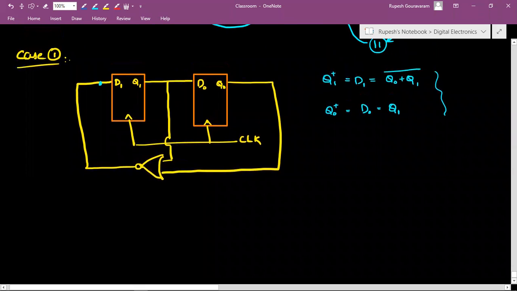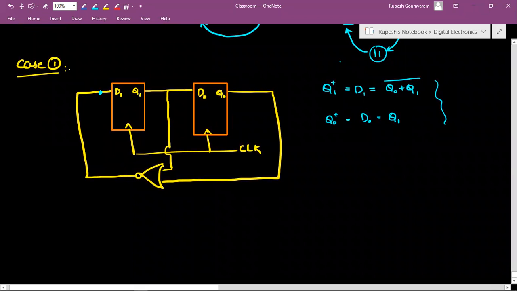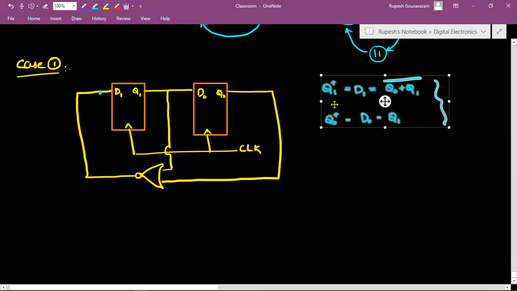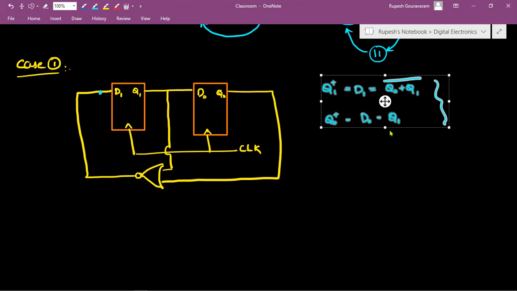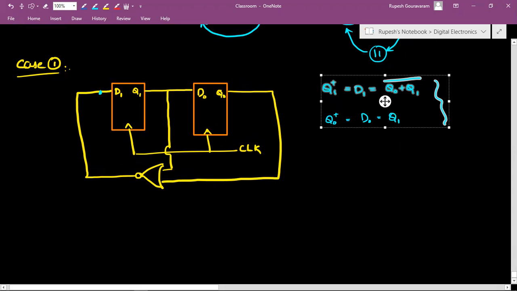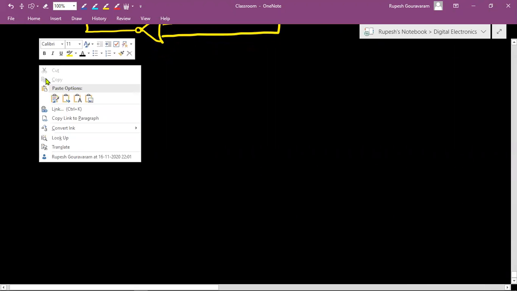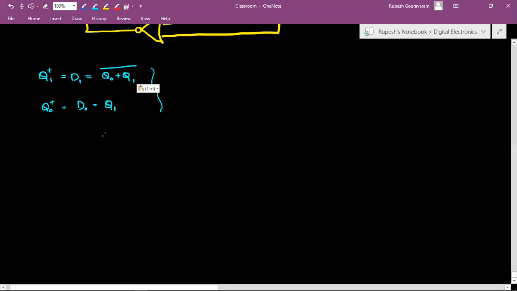If you take these two equations and try to construct a table using this, I will take Q1, Q0, then Q1 plus, Q0 plus.